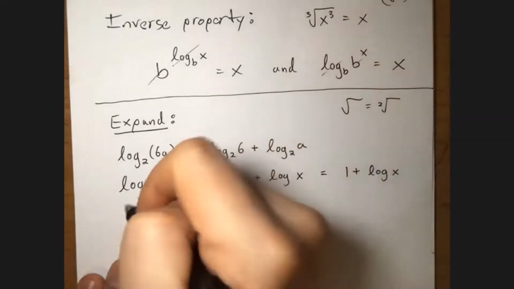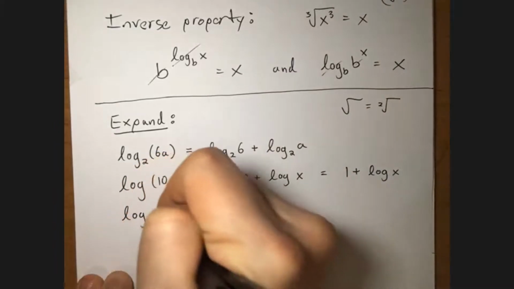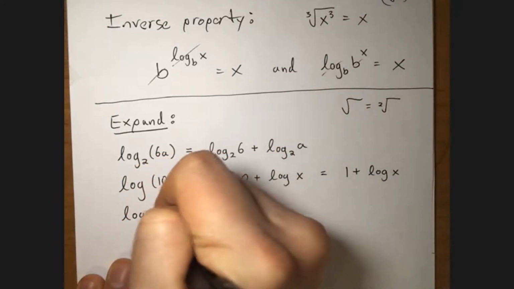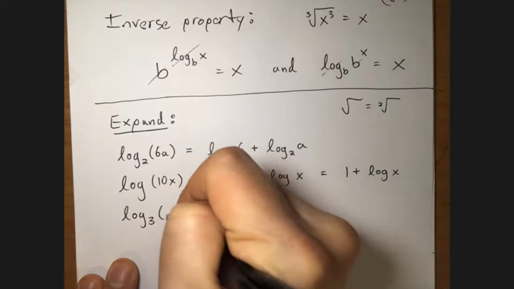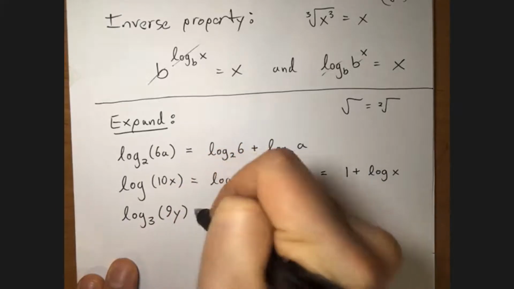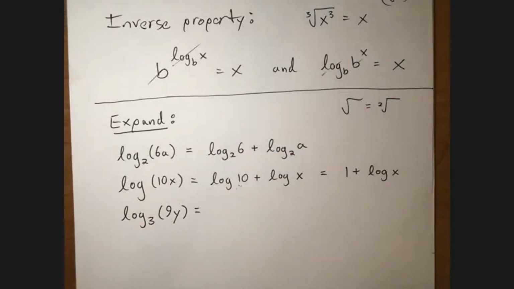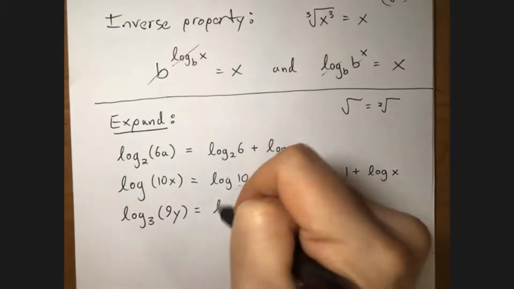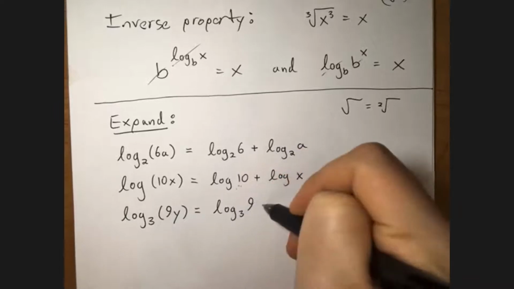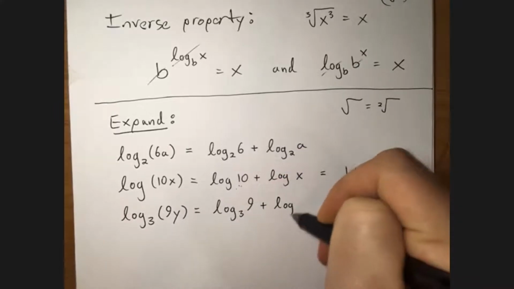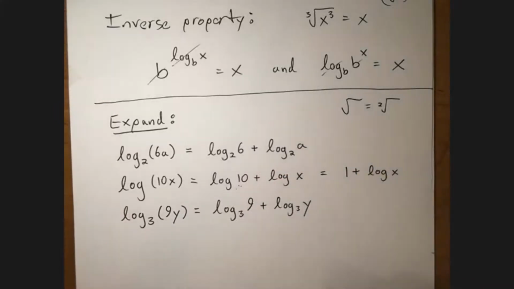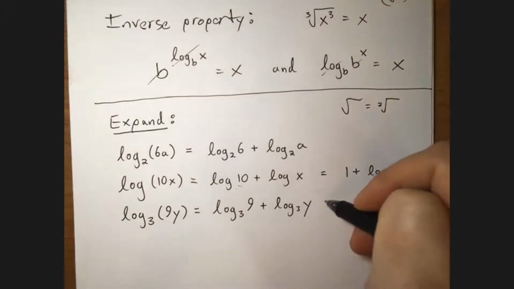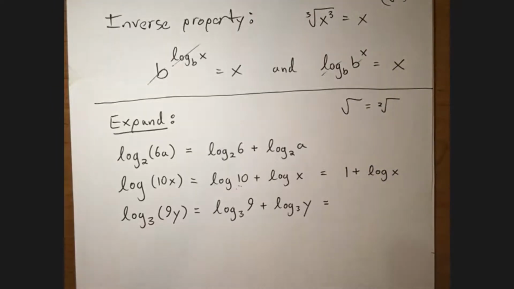Let me do another one with log base 3 of 9y. Well, I would write this as log base 3 of 9 plus log base 3 of y. Can I do a little bit more?